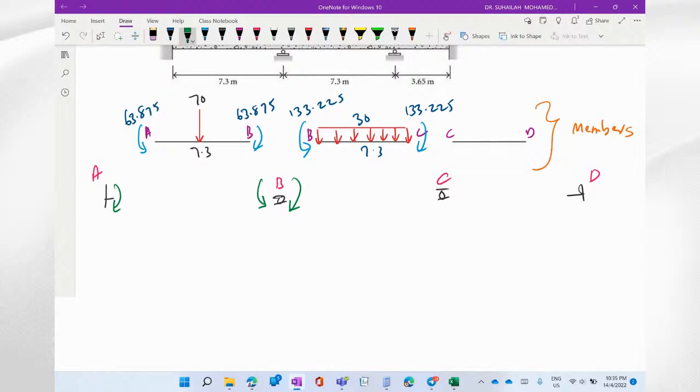Okay, same goes to C. For BC, it is positive 133. For joint C, it is negative. That's all, because CD is 0.